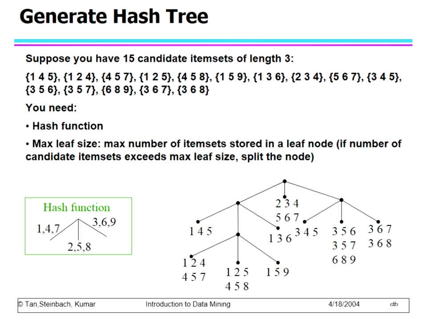Okay, let's suppose we have 15 candidate item sets of length 3. For example, here are some of these candidate 3-item sets: 1, 4, 5; 1, 2, 4; 4, 5, 7.